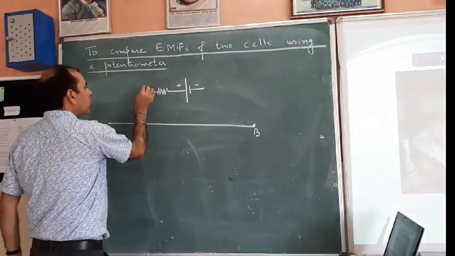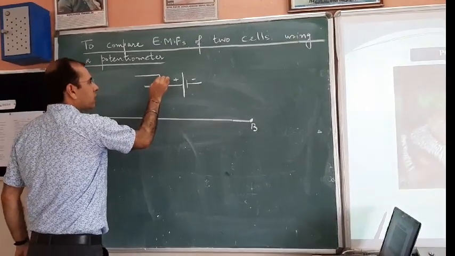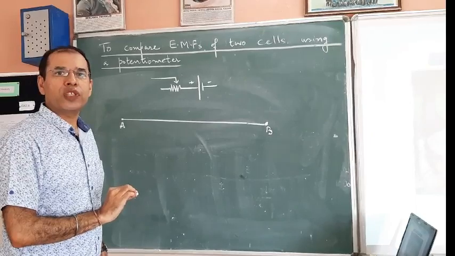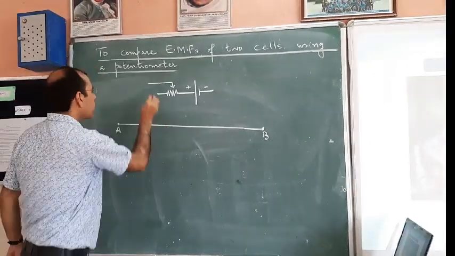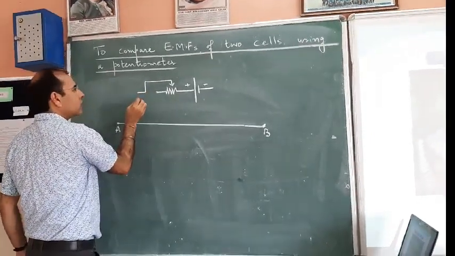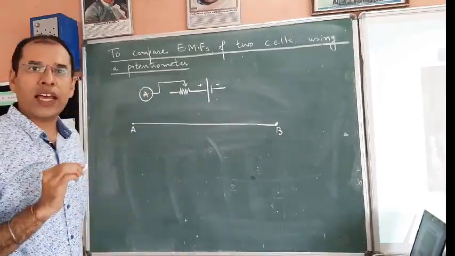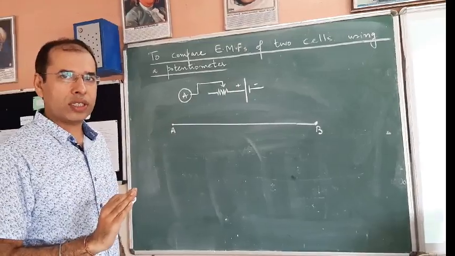We will be using a rheostat for adjustment of this potential difference provided by this battery. We will be having an ammeter to ensure that at every time the current is constant.